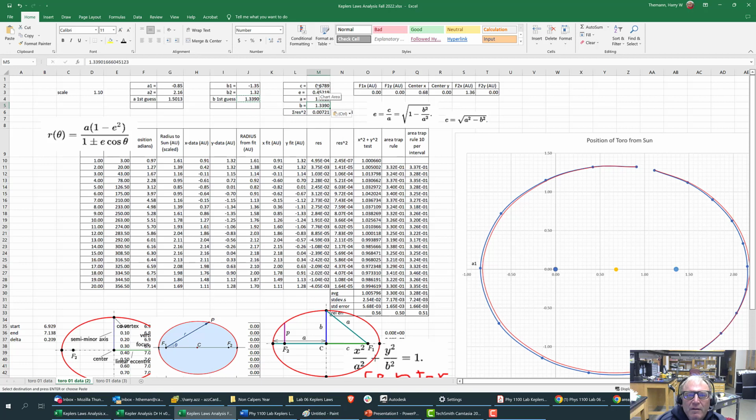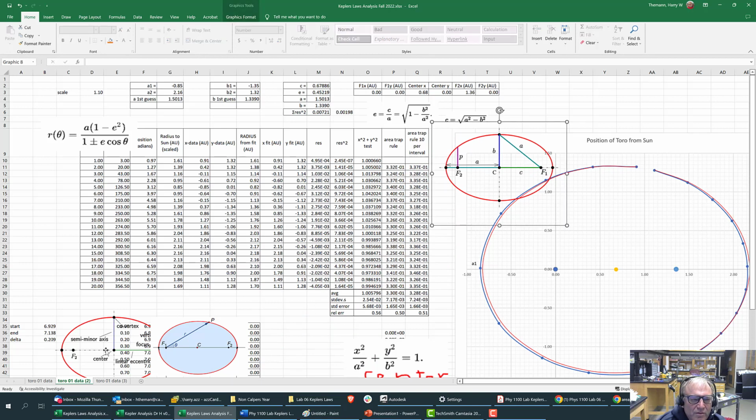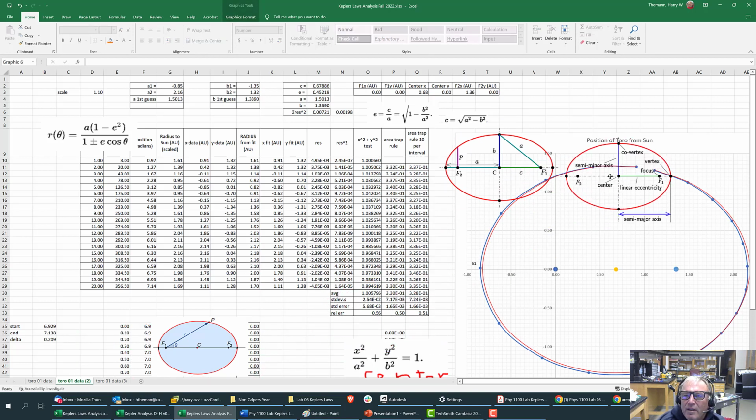Now we have the C, the eccentricity, and the so-called linear eccentricity that's outlined in the manual and the supplementary file, the PDF that says ellipses for 1100 labs.